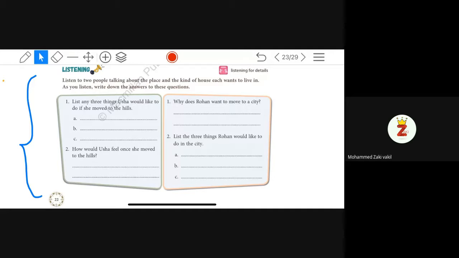How can I be sure that everyone will listen to the audio I play? Because this is a listening exercise. It means I have to play an audio which I have downloaded. I have downloaded this audio for you all.